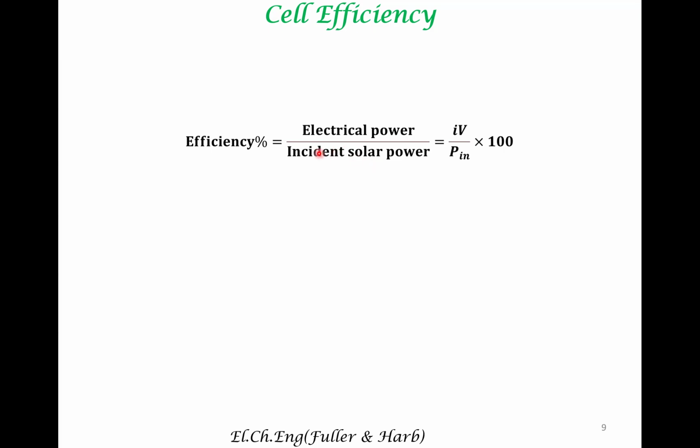In any case, the efficiency can be defined in the following manner. You have input power in the denominator and output electrical power in the numerator. If you're thinking about photoelectrochemical solar to hydrogen conversion, the target efficiency is about 6 to 7%.